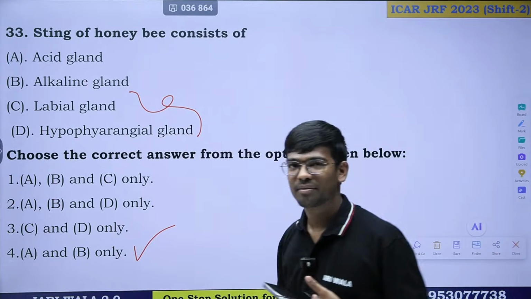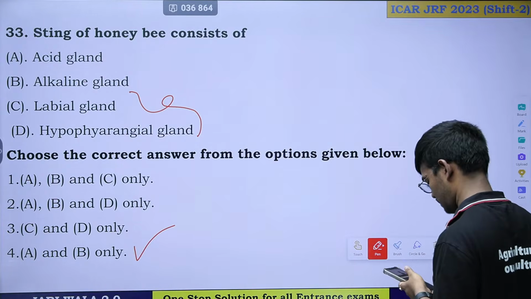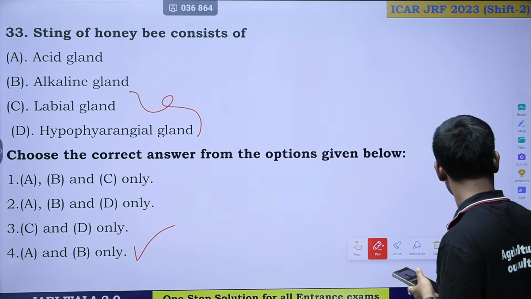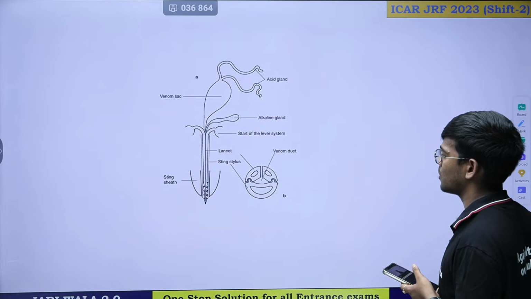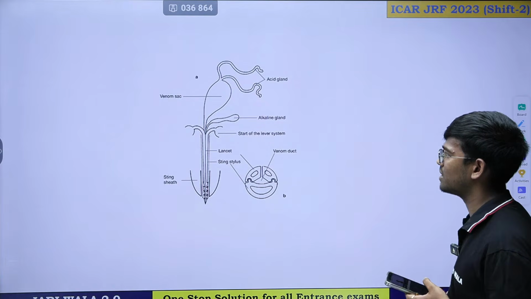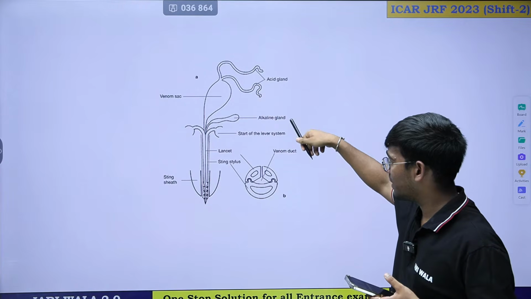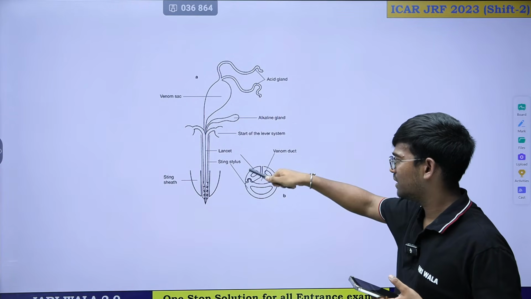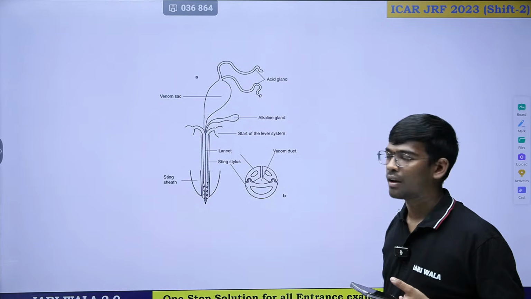That's it, A and B. So this is the sting apparatus structure. Here we have the acid gland, then the venom sac, the alkaline gland and the sting sheath, and finally the pointed tip.